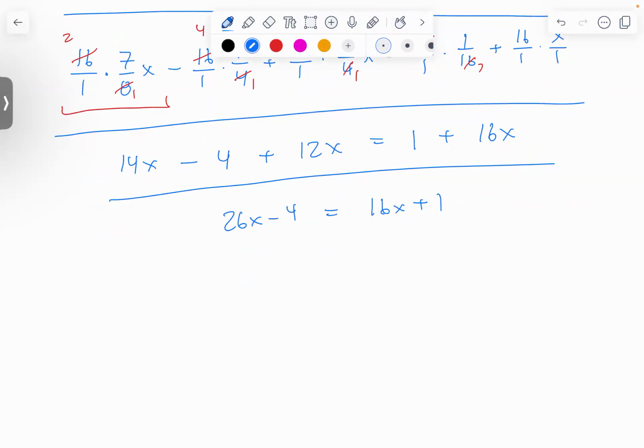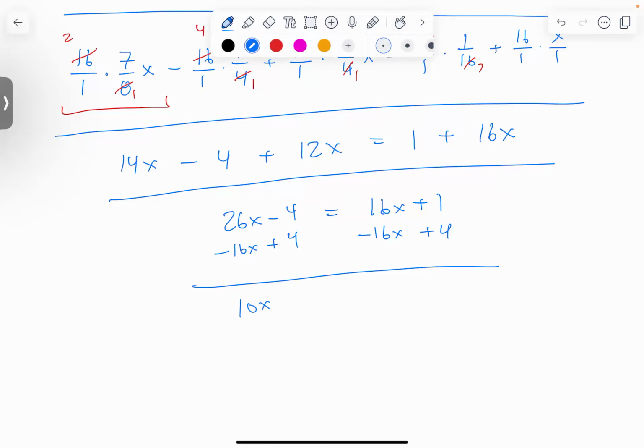Bring the x's to one side and the numbers to the other. Sorry, I was already doing that math because I'm like, oh, 4 plus 1 is 5. That leaves 10x over here.